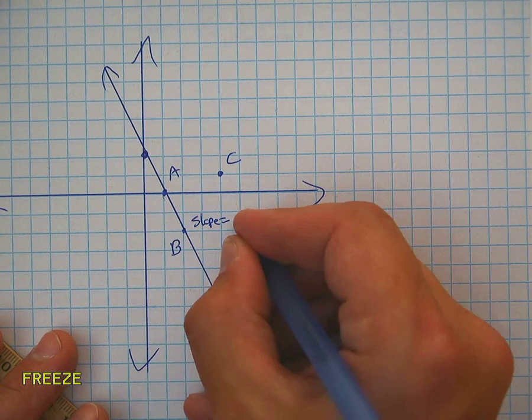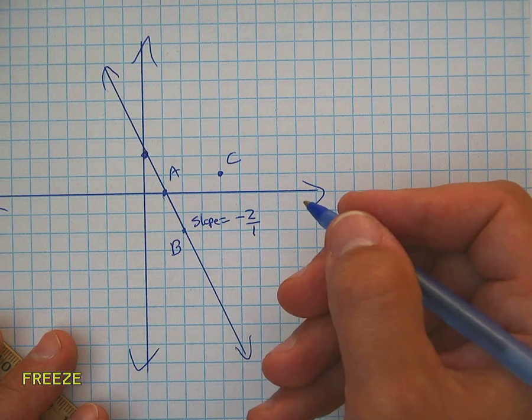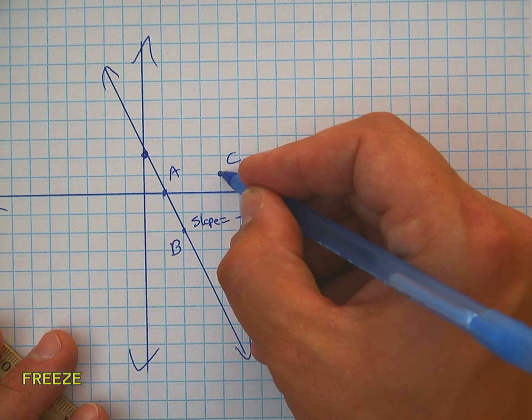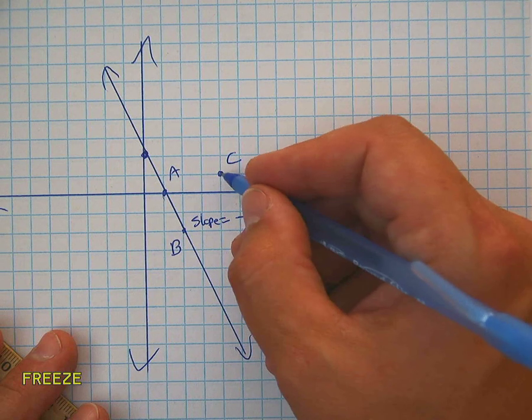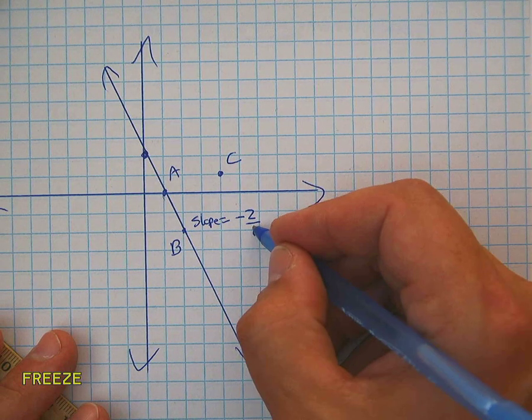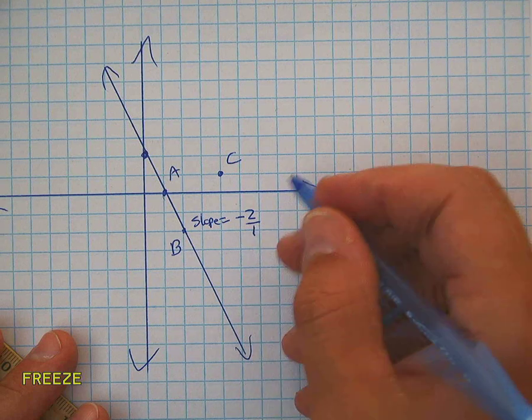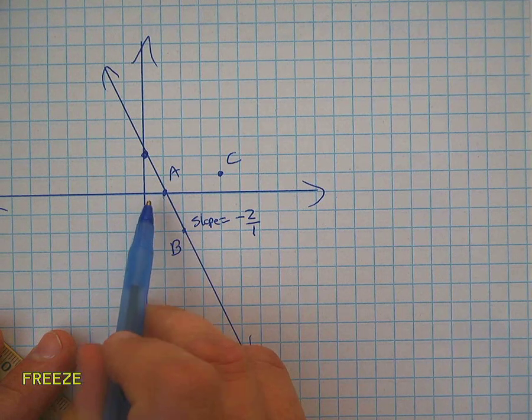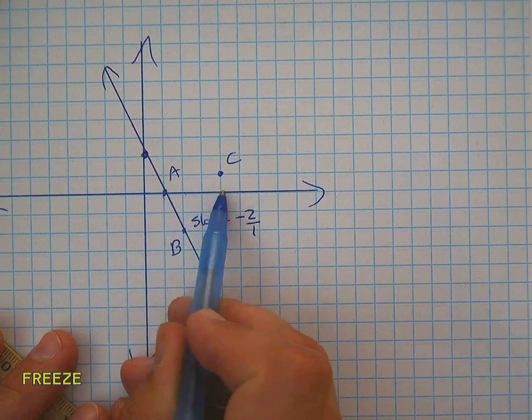So its slope is negative 2 over 1. In order to go through point C, the equation has to go through point C and has to have a slope of negative 2 over 1 if it's parallel. So the coordinates of point C are 4, 1.